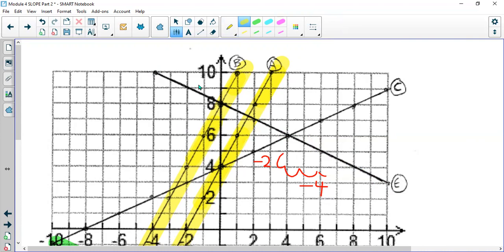They're separate. So these two lines, something you should know about parallel lines, they have the same slope and they will never intersect. Now that is very different from these two green lines, this line and this line. Those are intersecting lines and their slopes are negative reciprocals of each other. We're going to talk about that in a second.